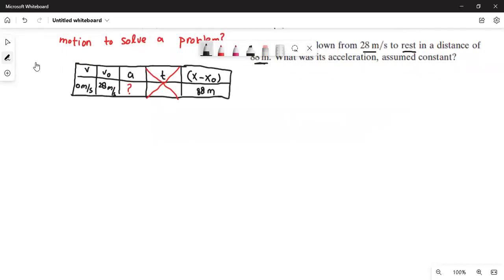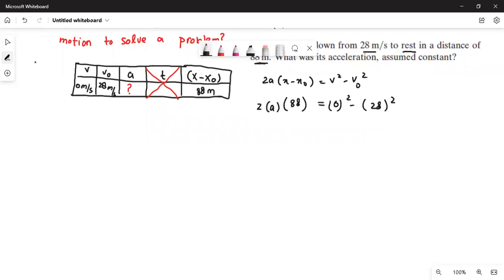The third equation of motion is 2a(x minus x naught) equals v squared minus v naught squared. 2 into a, a is unknown, that's why I keep it as it is. 88 is x minus x naught, equals v squared, which is 0 squared, minus v naught squared, which is 28 squared.